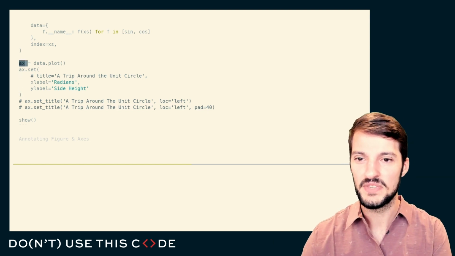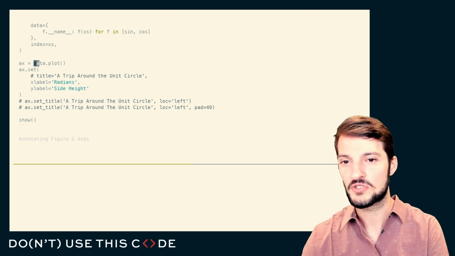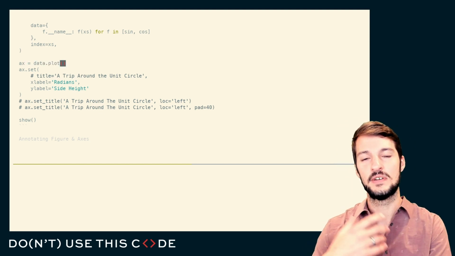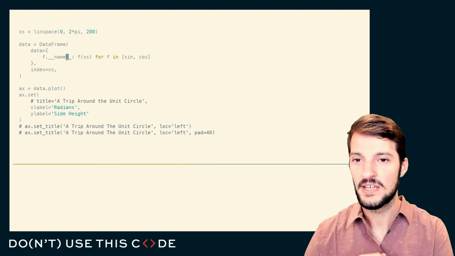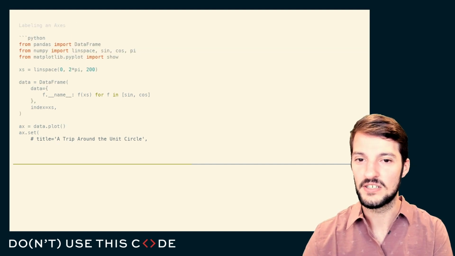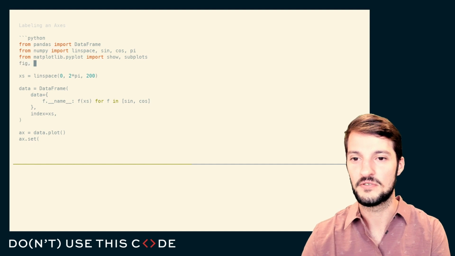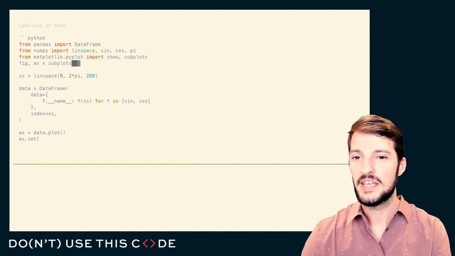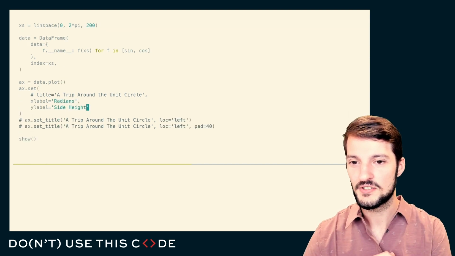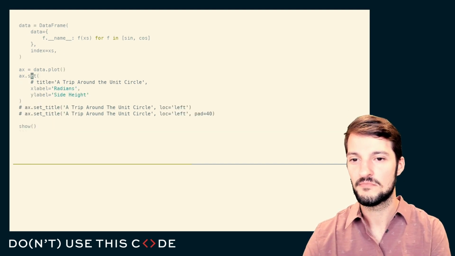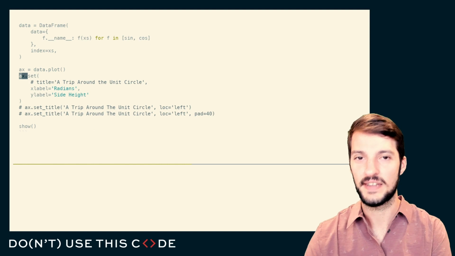I should mention, this axes object is returned by data.plot, but we've also made them explicitly. If I were to use matplotlib subplots, you'll see me do figure, comma, axes equals subplots. If you have access to the axes object, you can change just about anything about any plot.